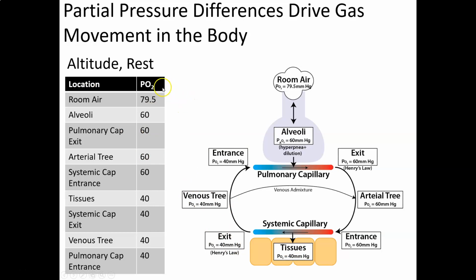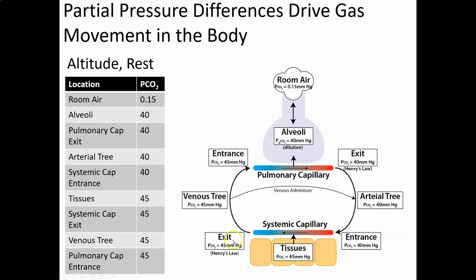So there's all the numbers, right? What's good about the partial pressure of CO2 is it doesn't change at all. The room air was 0.3 at sea level, and now at altitude, it's half of that, so 0.15. So it's half of nothing, basically. It's still nothing. The alveolar oxygen is still 40, right?